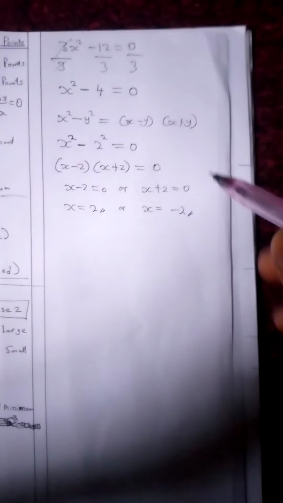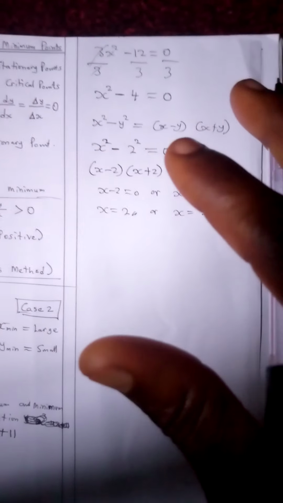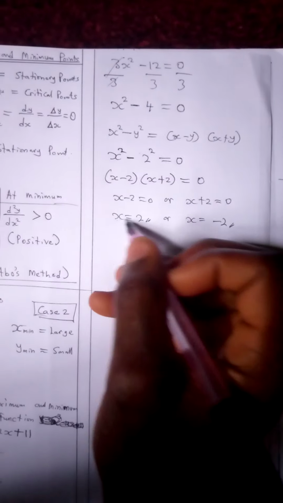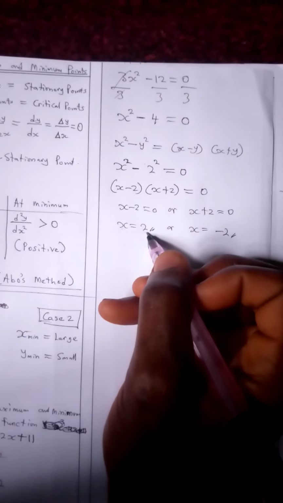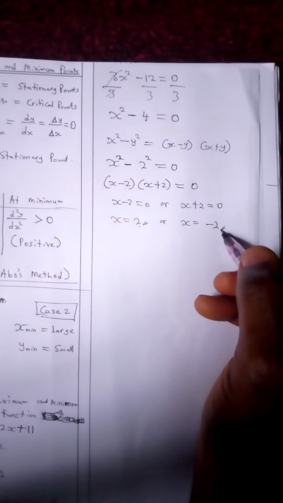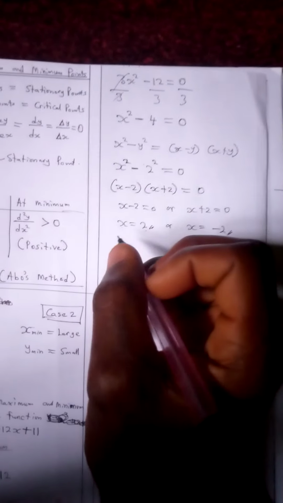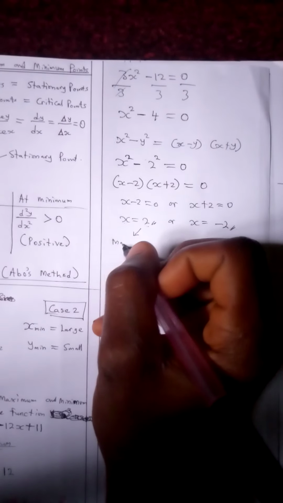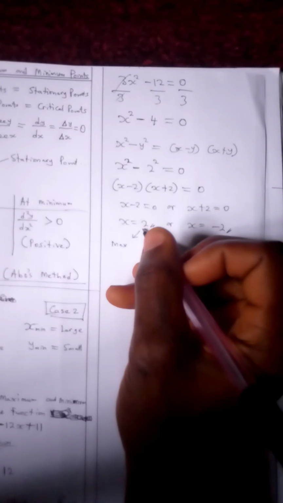The secret behind this maximum and minimum point is that this value of x here, this 2, is greater than minus 2. So this is the maximum of x. X is greater here.